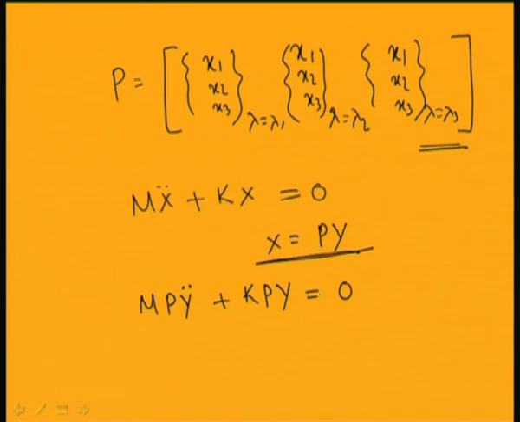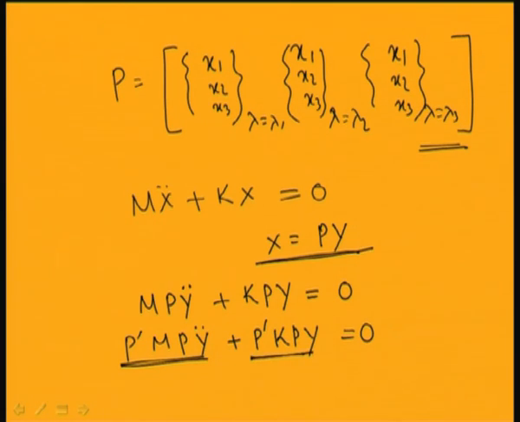I can pre-multiply by P transpose, so P transpose m P y double dot plus P transpose k P y will be equal to 0.